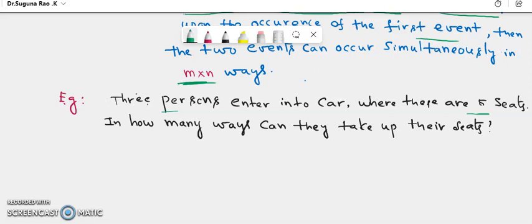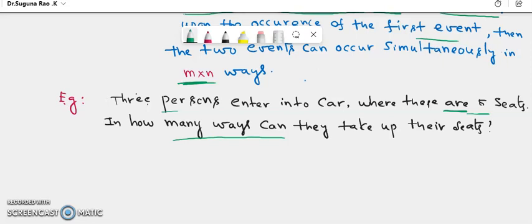The number of persons in this problem is 3. These 3 persons enter a car to occupy 5 seats. Now we are going to find in how many ways they can take up their seats.